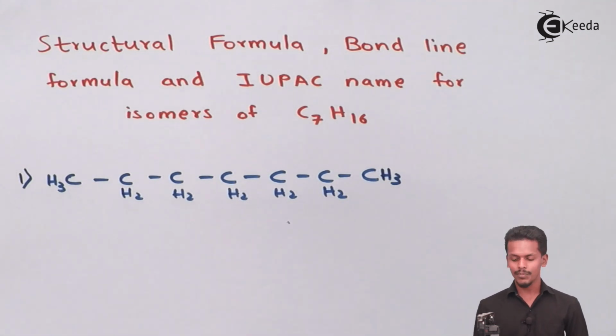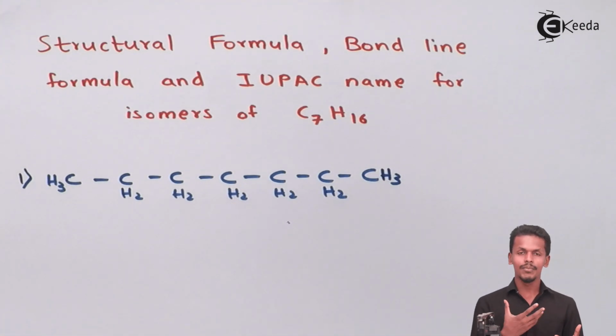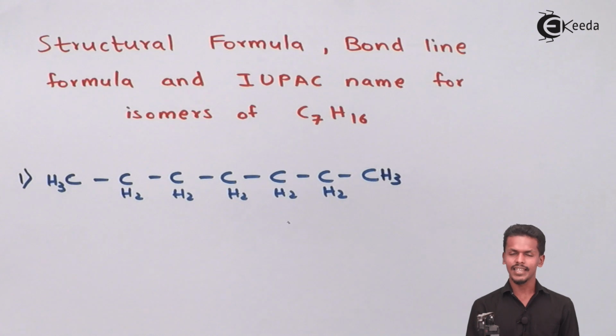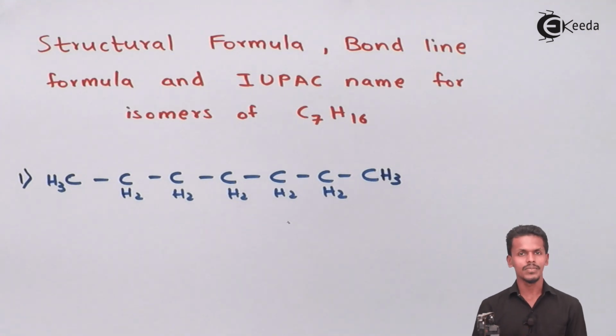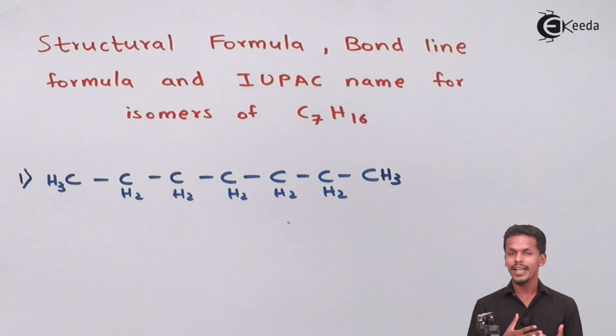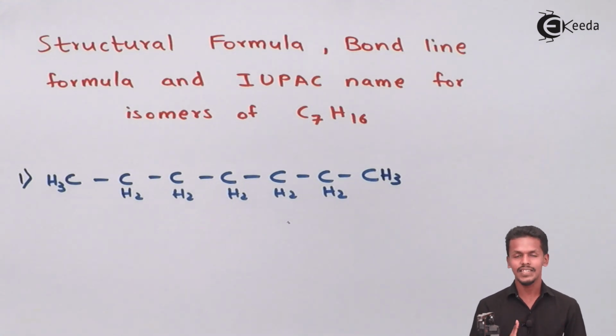But how can we write the bond line formula? Bond line formula is nothing but a representation of a molecule, might be an alkane, alkene or alkyne or any other group like alcohol or organic compound, in such a manner that it is represented by lines, and the lines can be zigzag also.